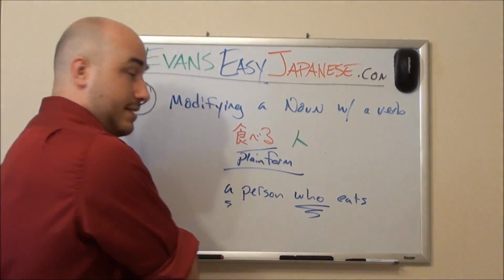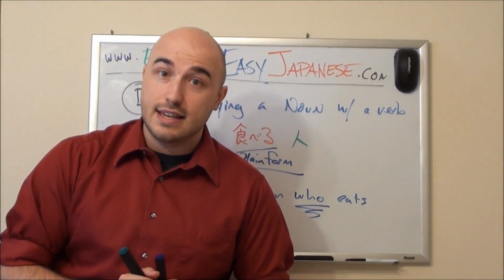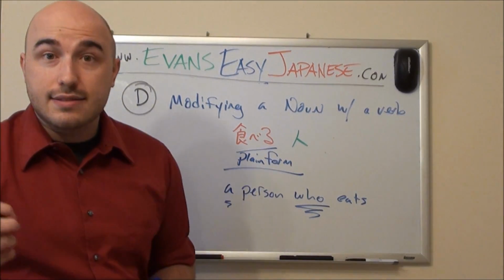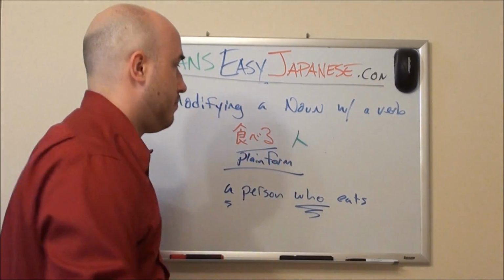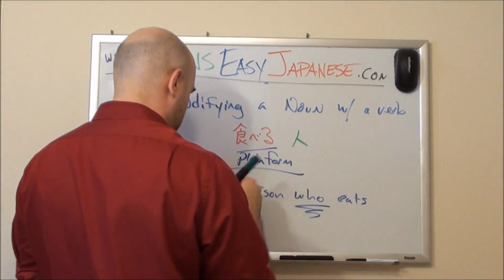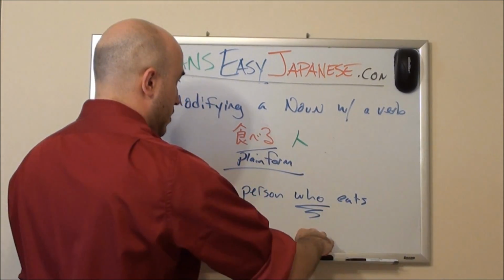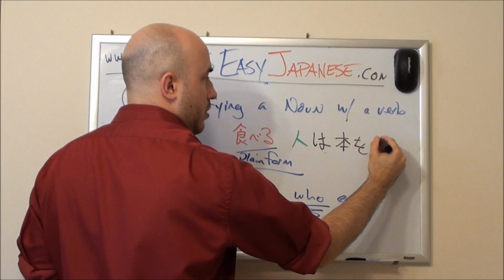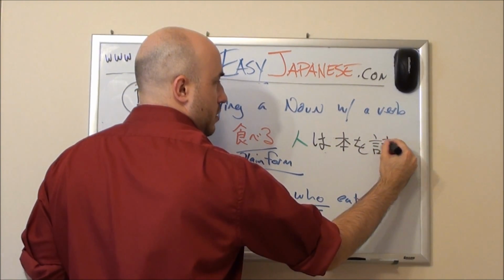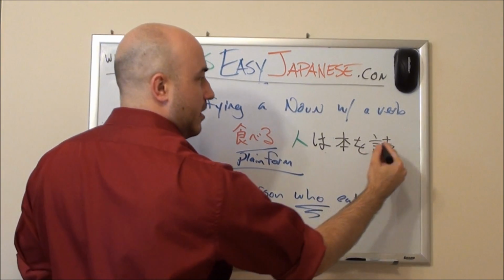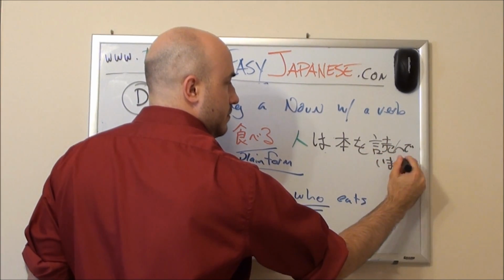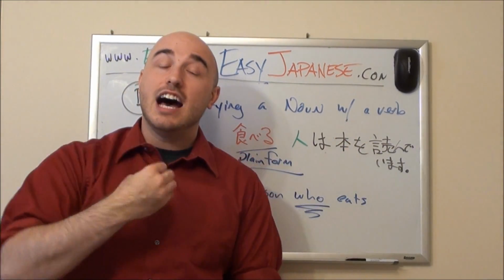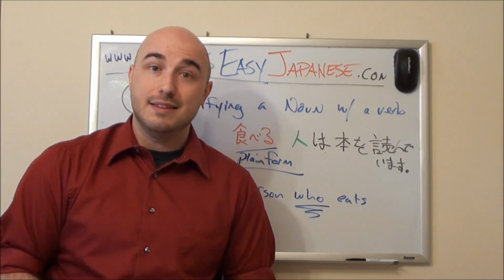Let's extend the sentence. Sorry, I'm talking to the chalkboard. I should never do that. Let's extend the sentence by actually saying what this person is actually doing. So the person who eats, he's reading a book. Taberu hito wa hon o yonde imasu.